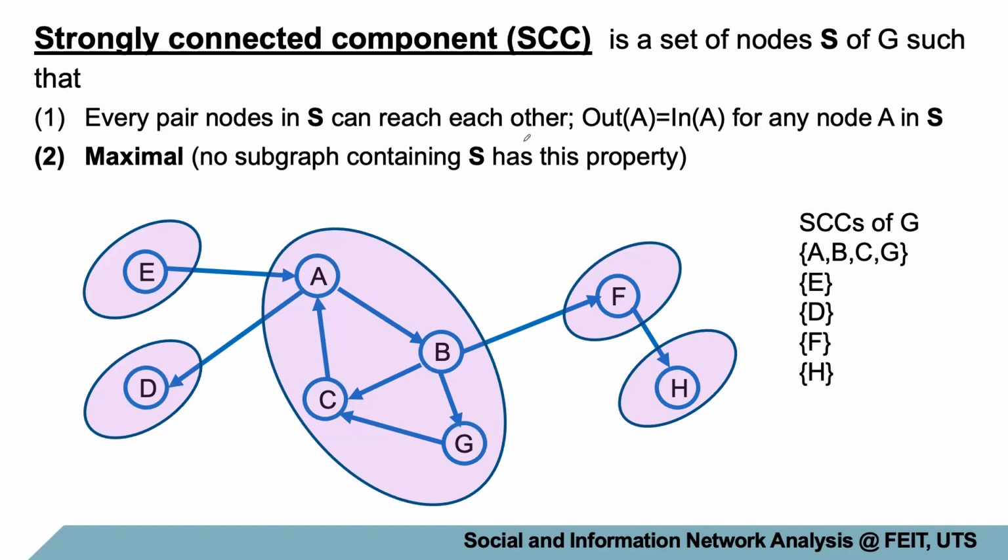Like we said, in an SCC, each pair of nodes must be able to reach each other. And also the SCC should be maximal. That means you can't add any more vertex to the SCC and still maintain the property.